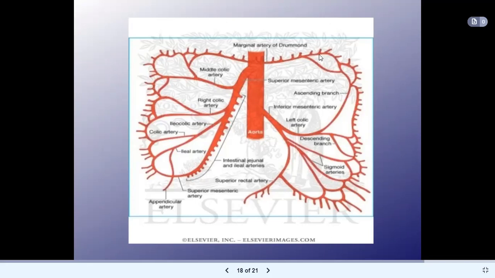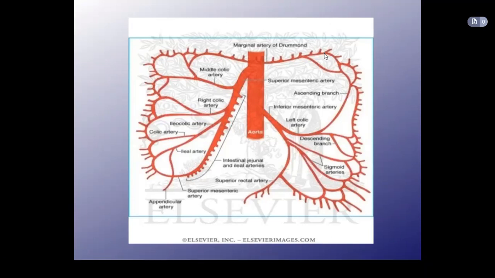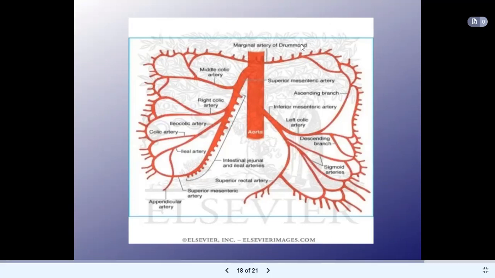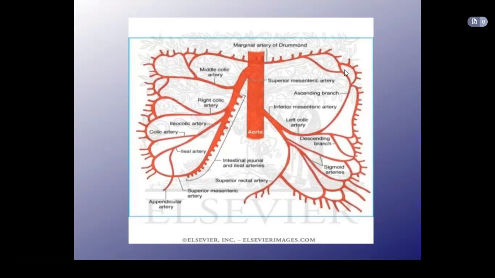the transverse colon. So if I could show you your digestive system, you will see your transverse colon up here, right? So this is your transverse colon, but it's not shown here. So the distal 1/3 of the transverse colon will be supplied by the ascending branch of the left colic artery.